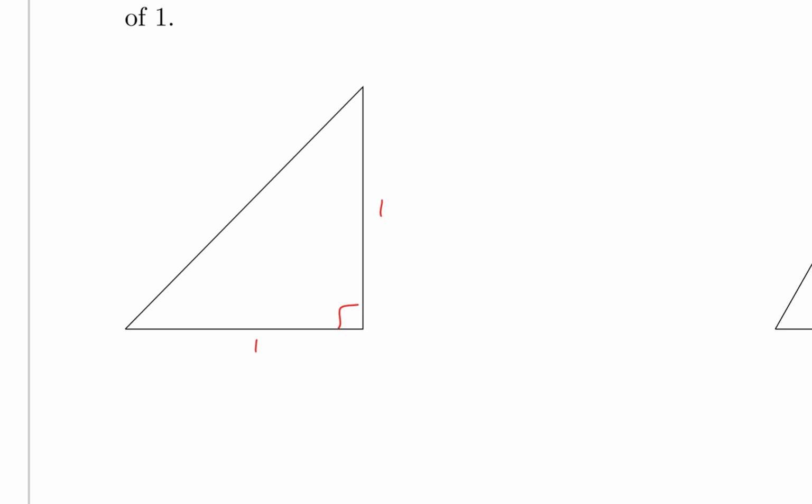Using Pythagorean theorem, we have 1 squared plus 1 squared equals this side, we'll call it c for right now, equals c squared. 1 squared is 1. Add the two together, we get 2 equals c squared. So what is c? It's simply the square root of 2. Note we're not taking the negative since it doesn't make sense for a length to be a negative number.